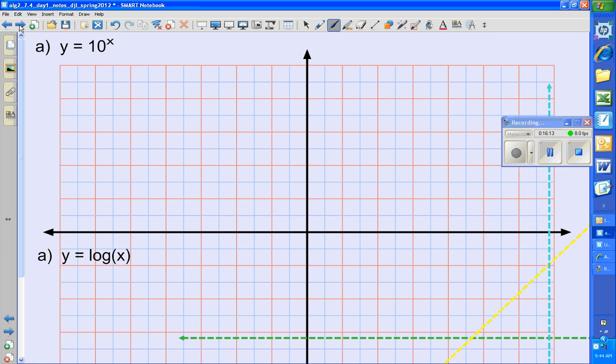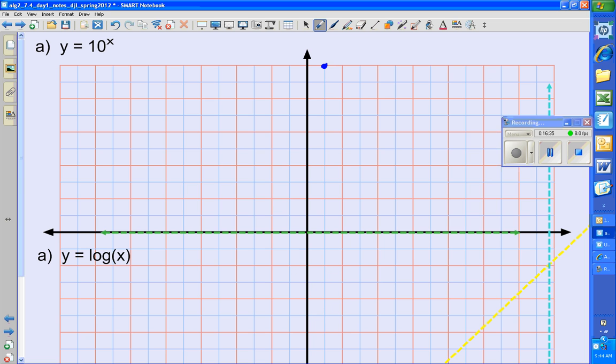What's the first thing you put on your paper? Horizontal asymptote through y equals 0, through the origin. Tell me a point on the graph. Right 1, up 10.